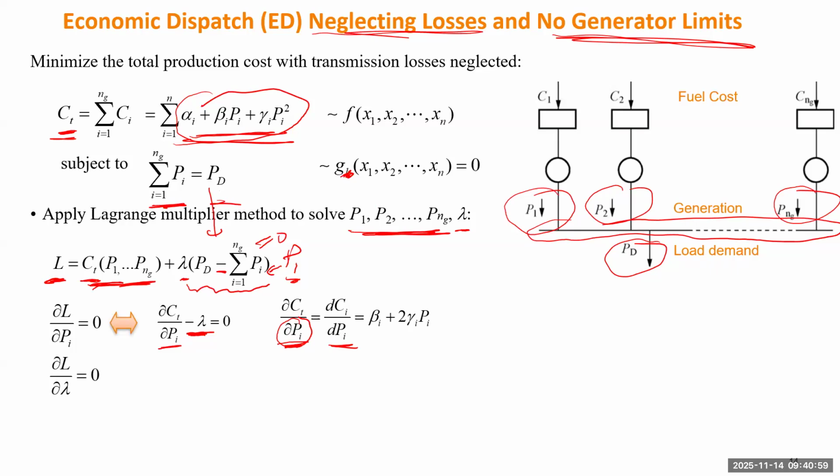So Ci here is actually the cost for just that power plant. And the Ci is actually from here. It's a quadratic function. What is PD? PD is the load demand. Load demand is constant. So when you calculate the derivative, that becomes 0.